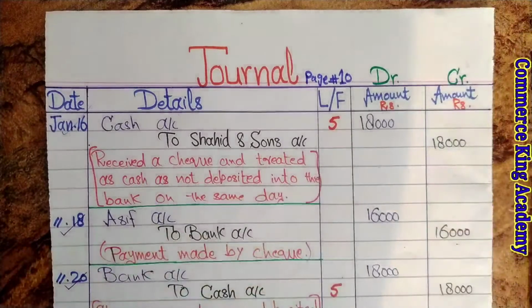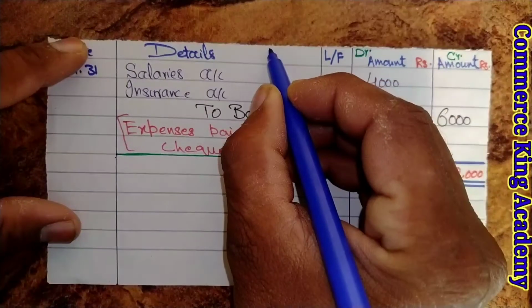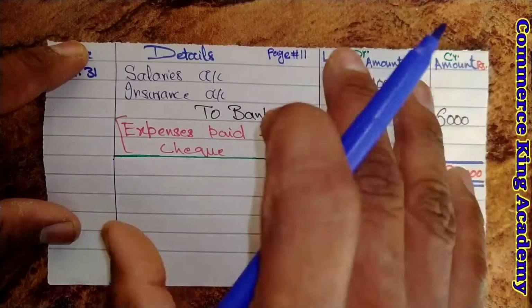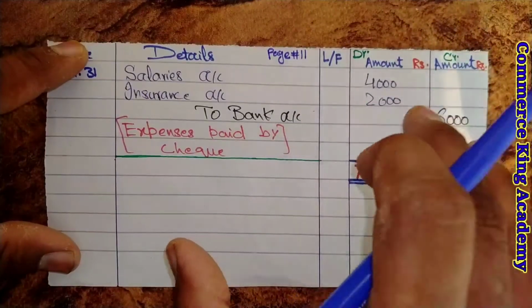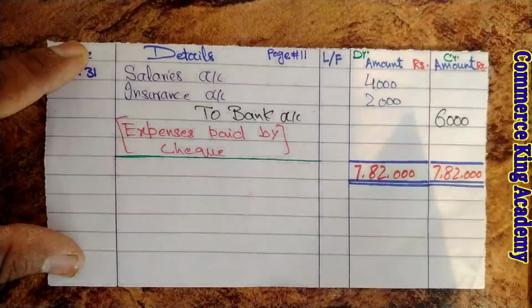And for the last journal entries page, we will give page number 11. So 9, 10 and 11 are the page numbers of the journal entries, or journal page numbers.